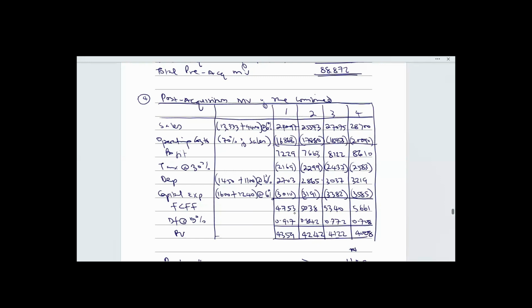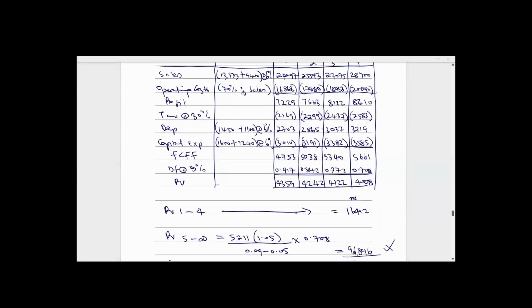So I will then add up: 4008 plus 4122 plus 4242 plus 4359 equal 16731. This one is 16731. So here it is supposed to be 5661.